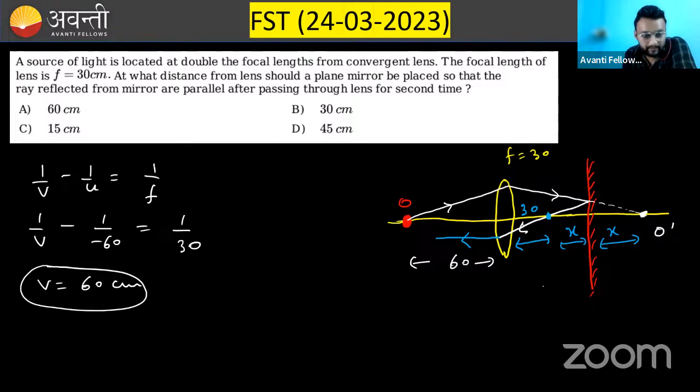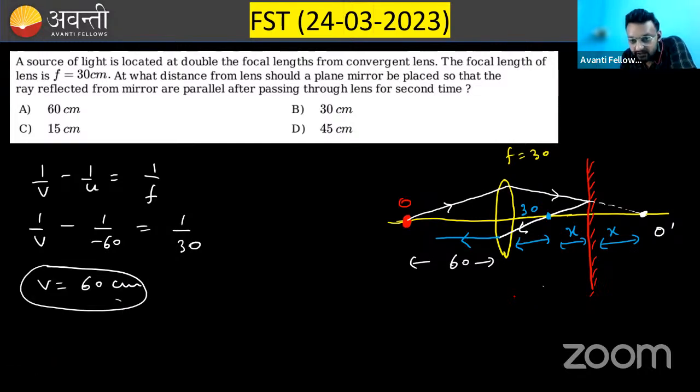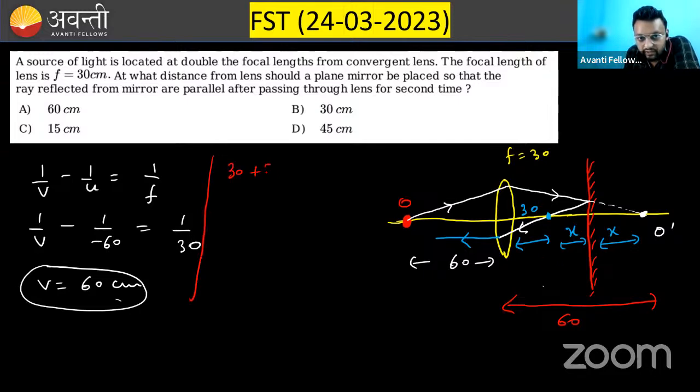Again, listen to me. That means this total v is the distance of the image from the lens. This total distance is 60. But this total distance from our diagram is what? 30 plus 2x is equal to 60.